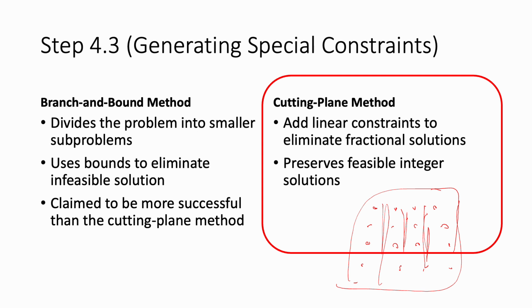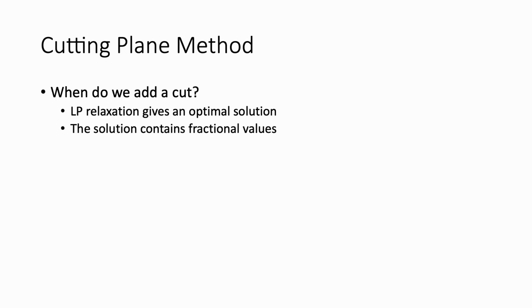These cuts are designed to improve the solution space. You can think of it as a way to sharpen or improve our solution space that will lead us to identifying integral solutions.